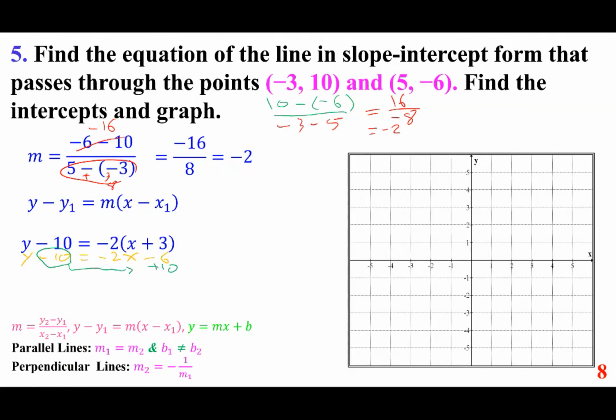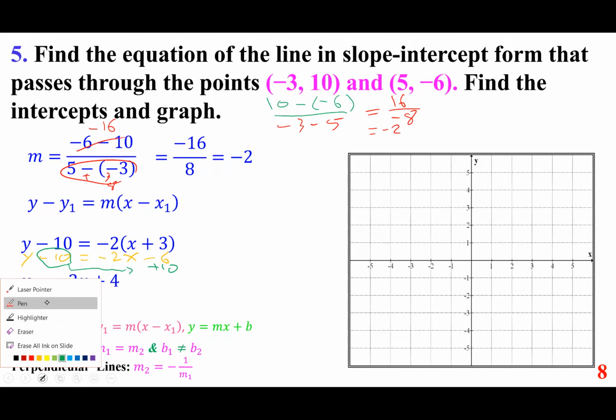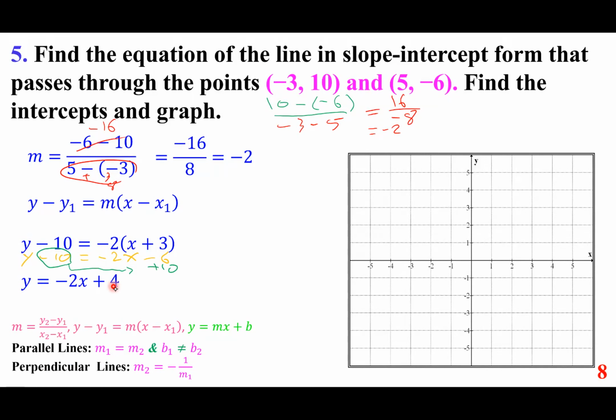We move the negative 10, it becomes positive 10. With negative 6, we get minus 2x plus 4. And so, clearly, the y-intercept is 4, meaning 0, 4. So we don't have to look for it. When we put it in slope-intercept form, we already have one pair, 0, 4.